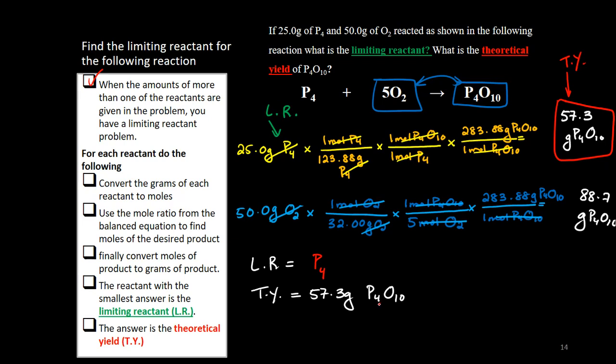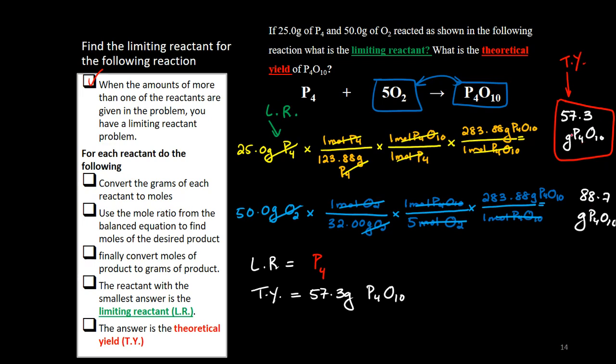So you require two mass to mass conversions, converting each of the reactants to the product: 25 grams of P4 to the grams of P4O10, and 50 grams of O2 to the grams of P4O10. Then you compare these two. 57.3 compared to 88.7 is the smaller amount.